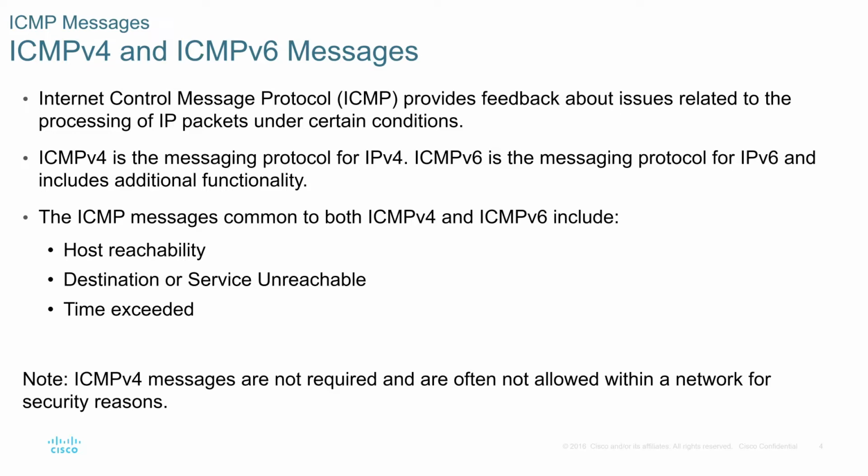Things that are common to both would be host reachability, or the destination or service is unreachable, or the time has exceeded, as in time to live for IPv4 or hop count for IPv6. ICMPv4 messages are not required and are often not allowed within a network for security reasons.